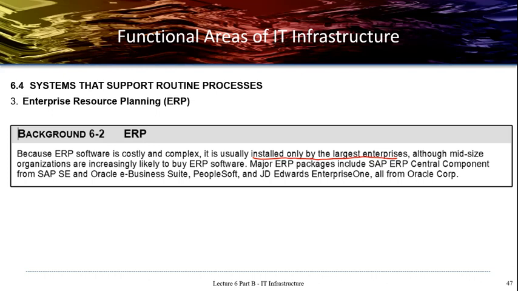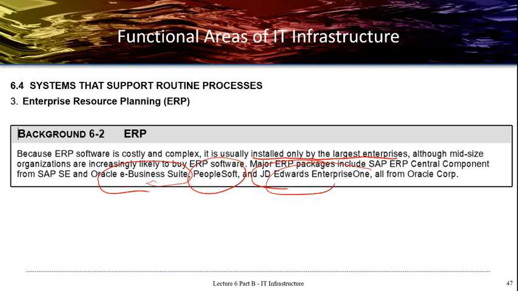Although mid-sized organizations are increasingly likely to buy ERP software, the major ERP packages include SAP ERP Central Component, SAP S/C, Oracle e-Business Suite, PeopleSoft, JD Edwards EnterpriseOne, from Oracle Corporation. Oracle Corporation has acquired PeopleSoft, JD Edwards, and all. So the major two players are SAP and Oracle.